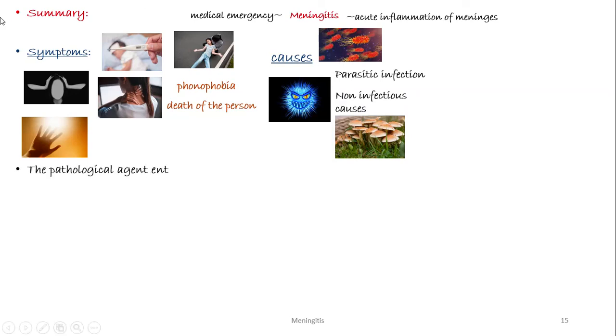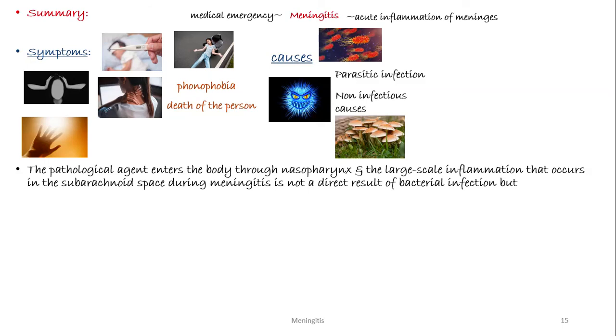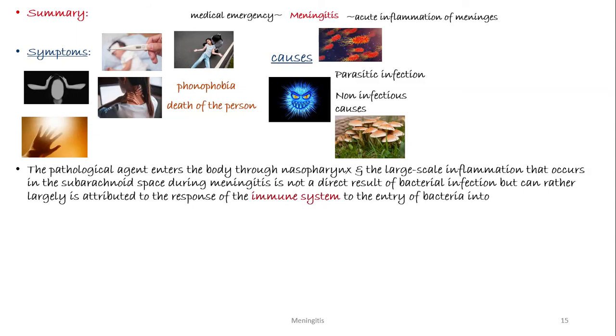The pathological agents enter the blood through the nasopharynx, and the large scale inflammation that occurs in the subarachnoid space during meningitis is not a direct result of the bacterial infection, but can largely be attributed to the response of the immune system to the entry of the bacteria into the central nervous system.